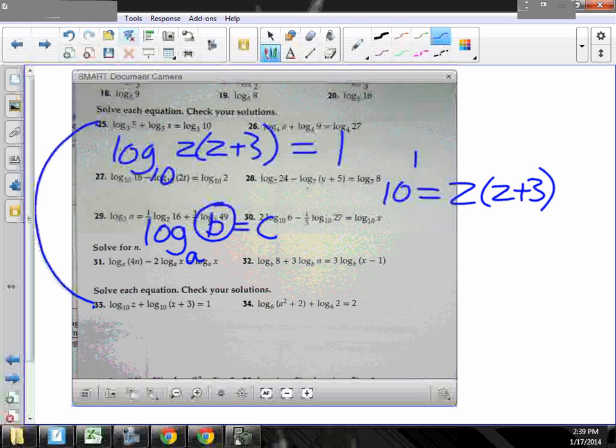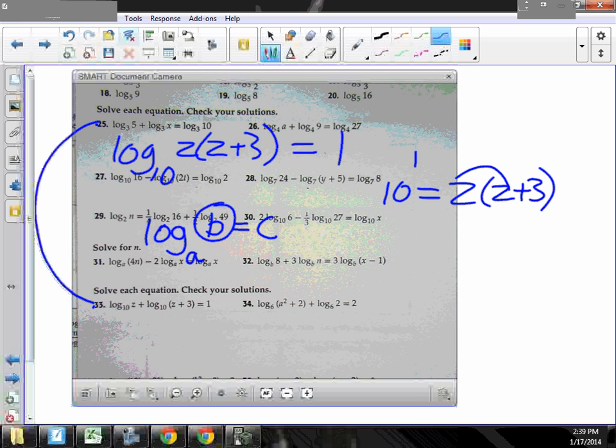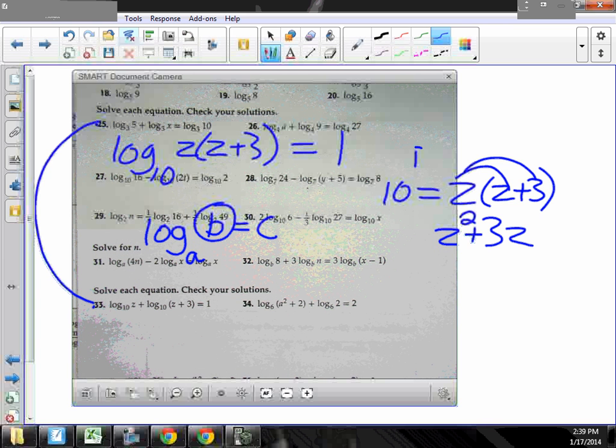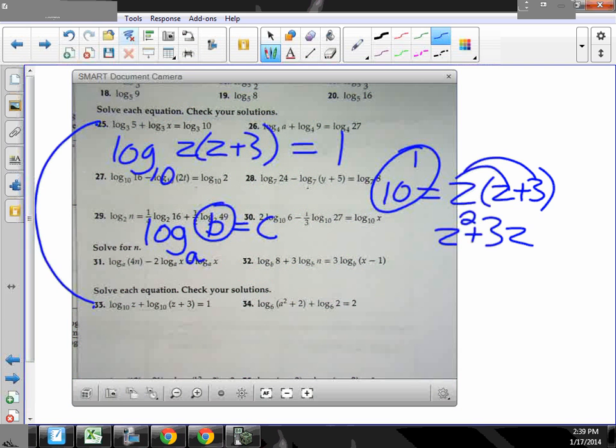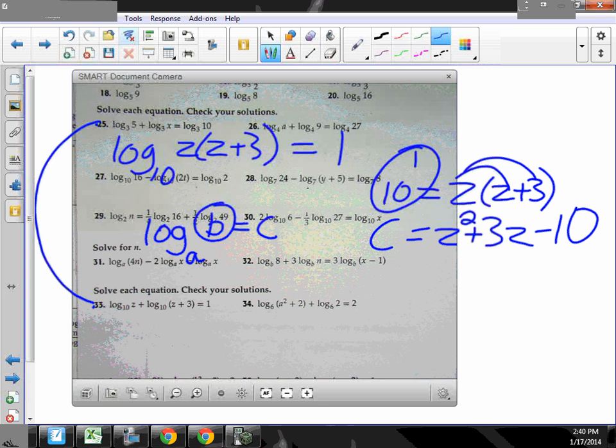Well, this is just a quadratic. Z squared plus 3z. What do I do with the 10? Subtract it. So I get minus 10 equals 0. Are there factors of 10 that add to be 3?